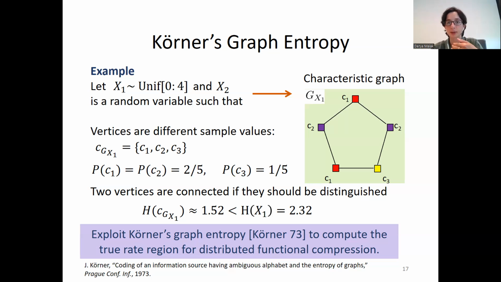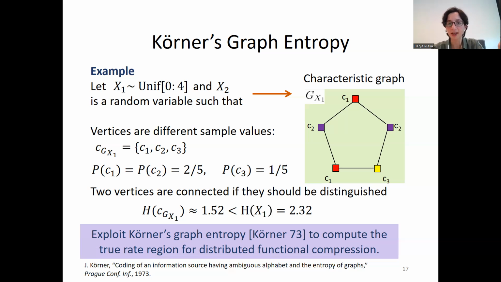But for example, C1 and C3, when 0 or 2 is sent, it does not cause a confusion at the receiver. There is no edge between them, so we don't need to distinguish them. And similarly for the other vertex pairs, we need to figure out whether we need to distinguish them or not, and we determine how to place the edges accordingly.